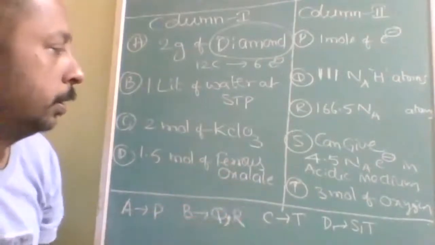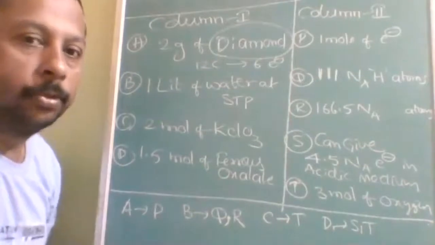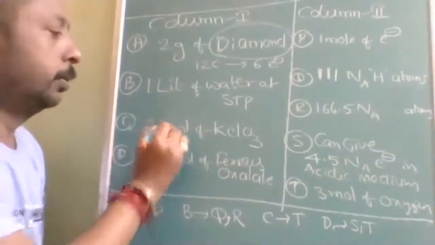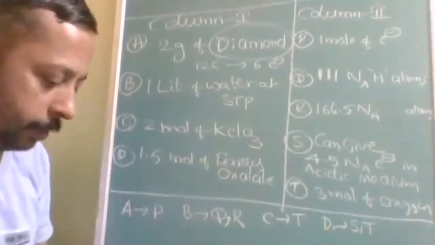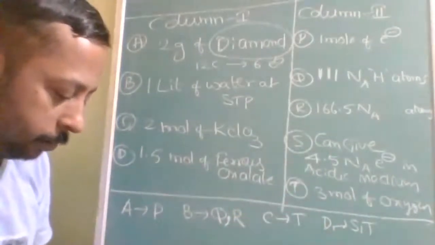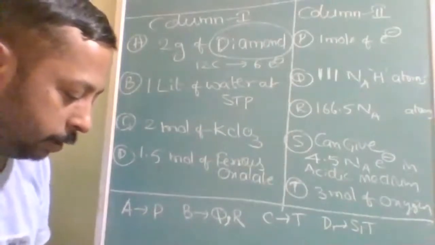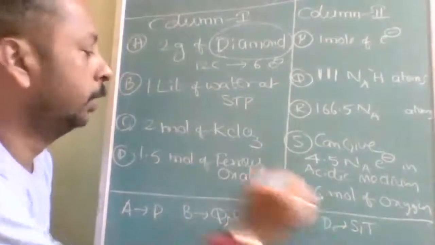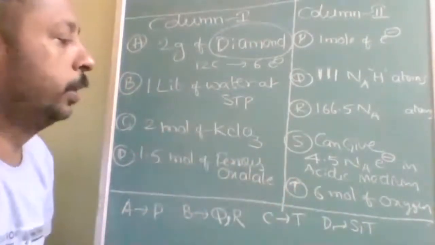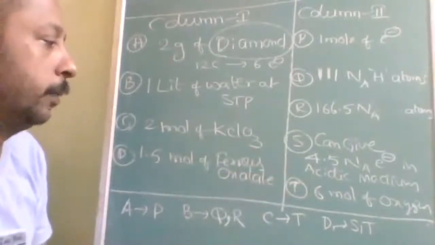Sorry, it should be 6 mole. 2 mole of KClO3 should give 6 mole of oxygen. Just a minute, I think I have written the question wrong. 1 mole of KClO3 contains 3 mole of oxygen, then 2 mole of KClO3 will contain 6 mole of oxygen.